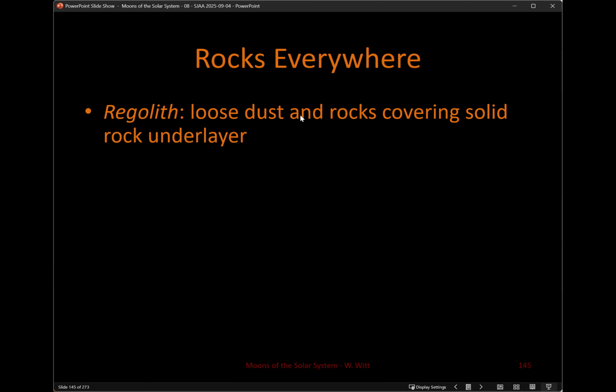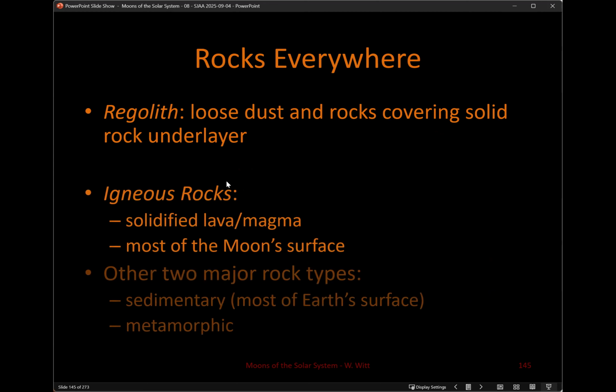Regolith is loose dust and rocks that are covering a solid rock underneath. And so our moon and many moons have a layer of this regolith. And then you also hear the term igneous rock, which is solidified lava or magma, and that's really most of the moon's surface with this regolith on top. In contrast, most of the Earth's rock is something we call sedimentary rock, right? So there are fundamental differences between the geologies of these different places.